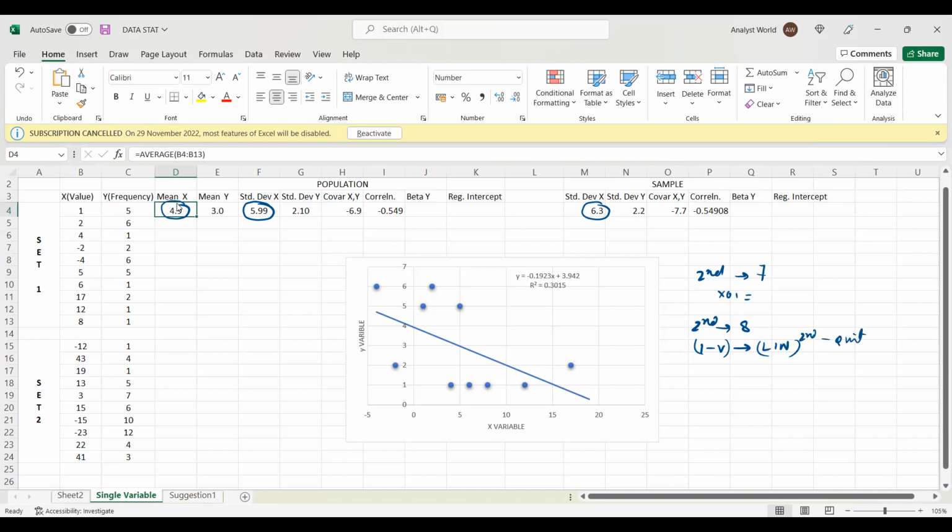Now what I want you to do is press second and 7. What is the value that is appearing? X01 is 1.